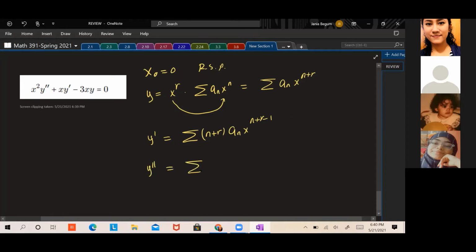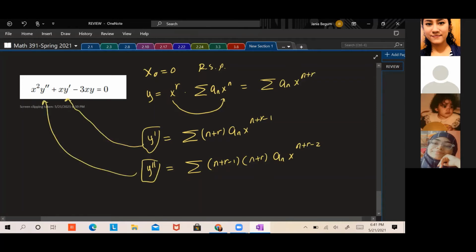So that will be the sum of (n plus r minus 1)(n plus r) a_n x to the n plus r minus 2. And then we're going to replace this summation right here, and y, we're going to replace it right here. And then we're going to modify it, collect like terms, and then we have the recurrence.